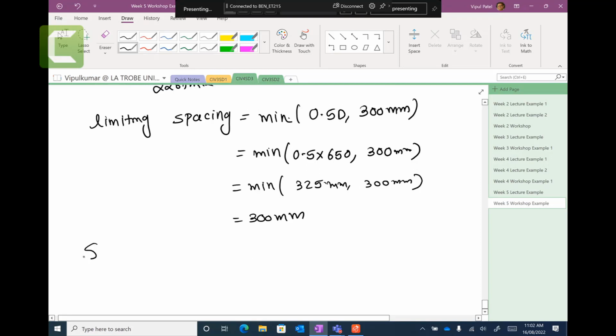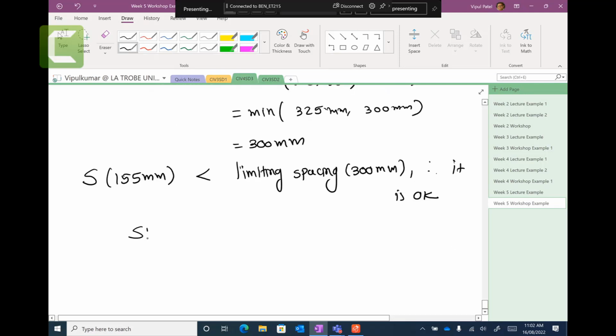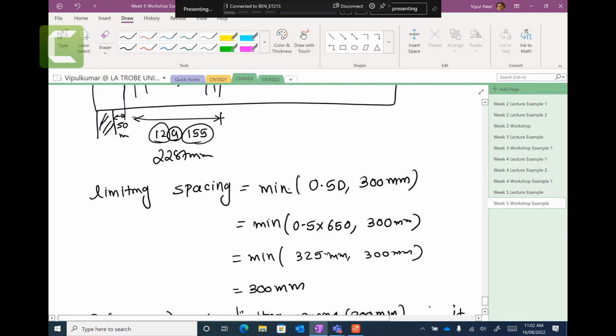Our S is 155 millimeters, which is less than the limiting spacing of 300. Therefore, it is okay, meaning the spacing is okay. The spacing equal to 155 millimeters can be provided in region A.